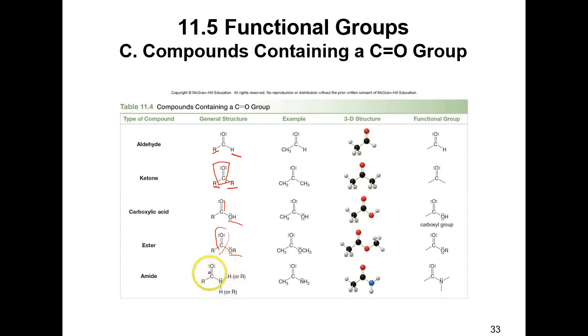And then an amide, which, you know, amino acids make amides, like a polypeptide bond, or proteins, a bunch of amide bonds, are polyamides. It's a carbonyl with a nitrogen. Okay, notice they all have carbonyls in them, but that's not the functional group. The functional group is the carbonyl plus the other thing attached to it, an H, an R, an OH, an OR, an NH. Okay, or an NR2 or an NHR.